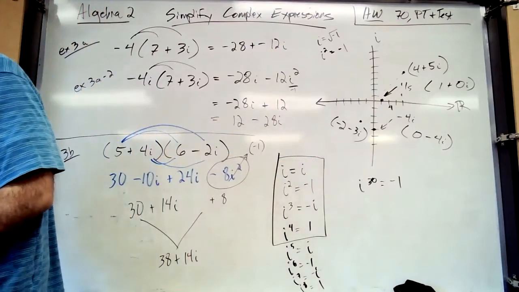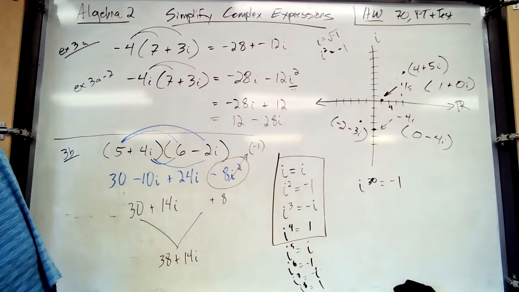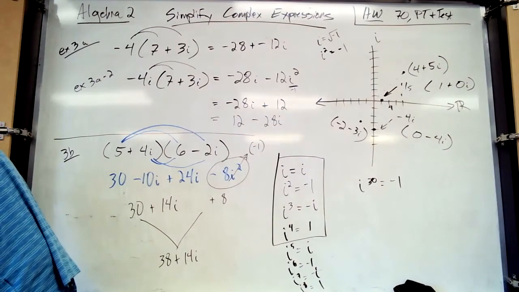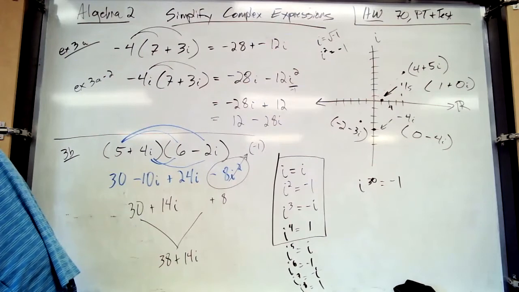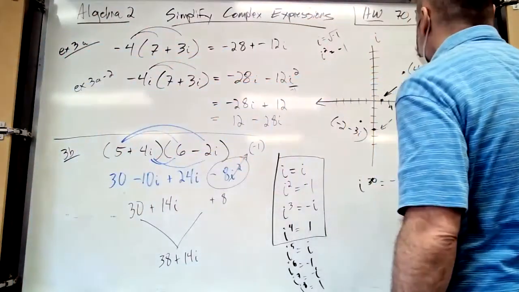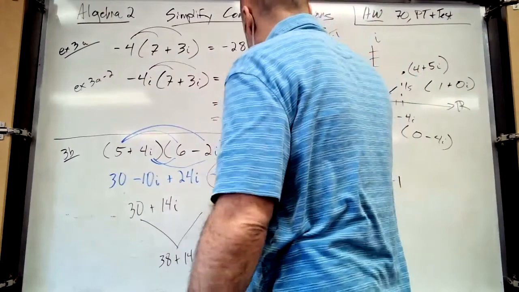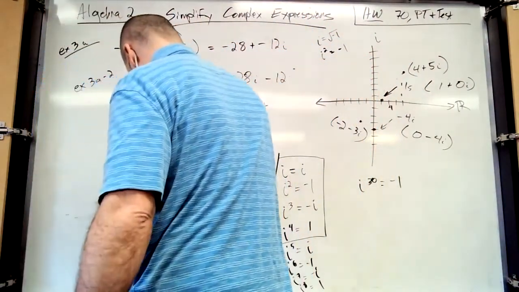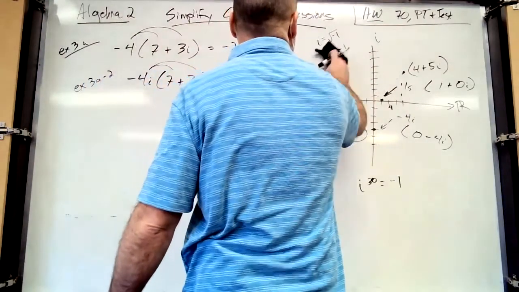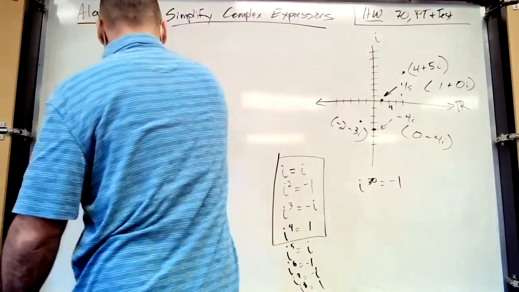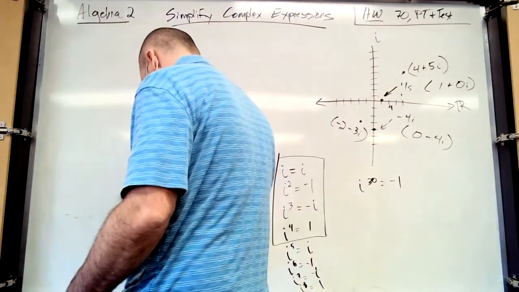All right, so back to some examples. We did a couple of those already, but let's try this. This is the next one. So we're going to divide complex numbers.